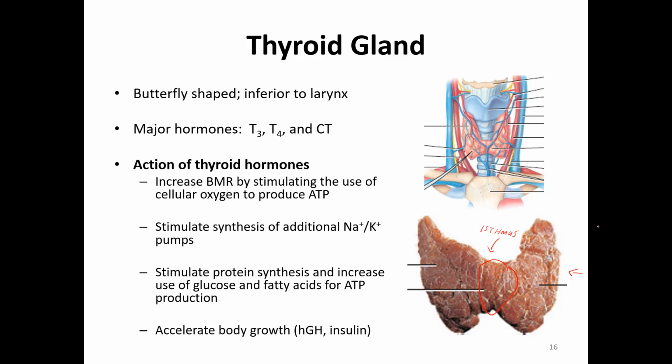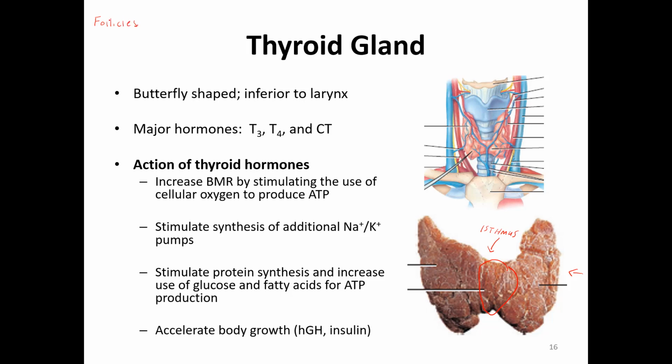We'll talk a little bit more about the structure of the gland when we look at the tissue slides in our laboratory activity, but I just want to remind you that when we look at the lobes of the thyroid gland, we're going to see that the organization within the gland is follicles.